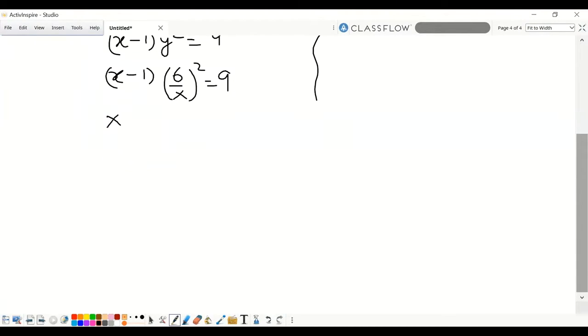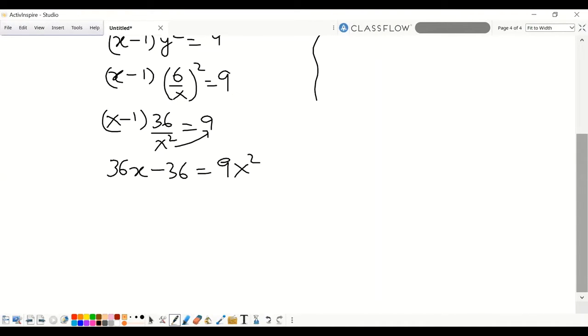So (x minus 1) multiplied by 36 over x squared equal to 9. This is the cross multiplication, and x squared goes and multiplies with 9. So 36 multiplied with (x minus 1) becomes 36x minus 36, equal to 9x squared.